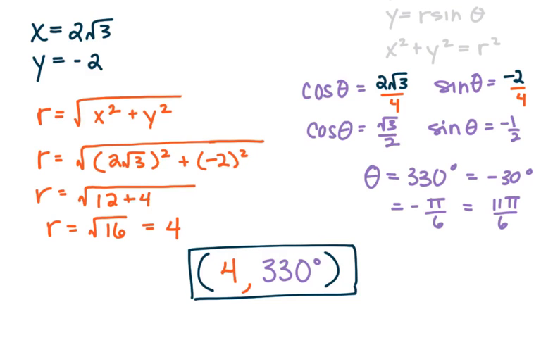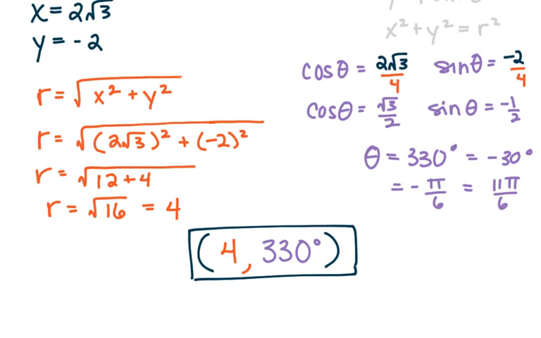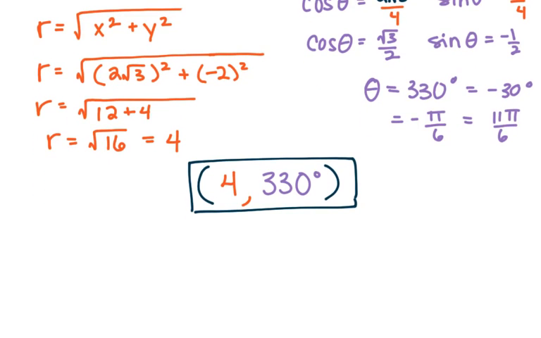Now, we could have gone about finding theta a slightly different way. I'm going to use my alternative method, because remember, tangent theta is y over x.